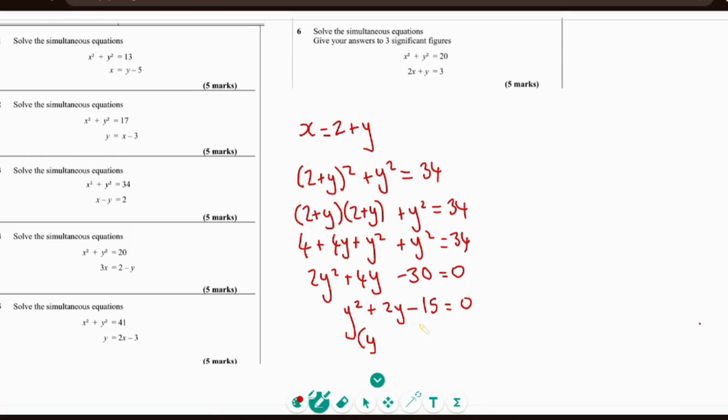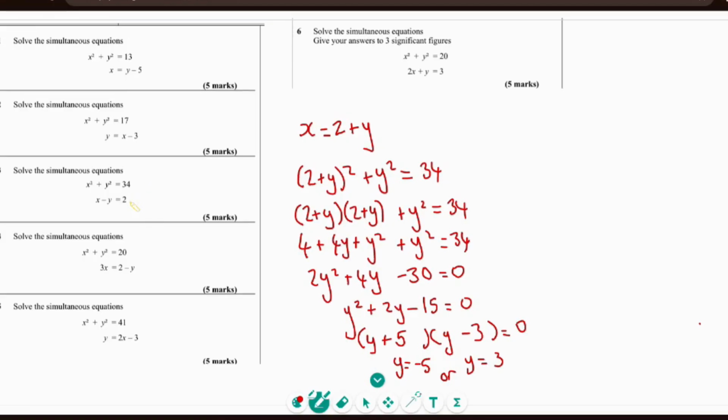Going to be positive and negative because we need two numbers that multiply to give negative 15 and add to give 2. 5 plus 5 minus 2. 5 take away 3, 2. Got these for our y's, minus 5 and 3.